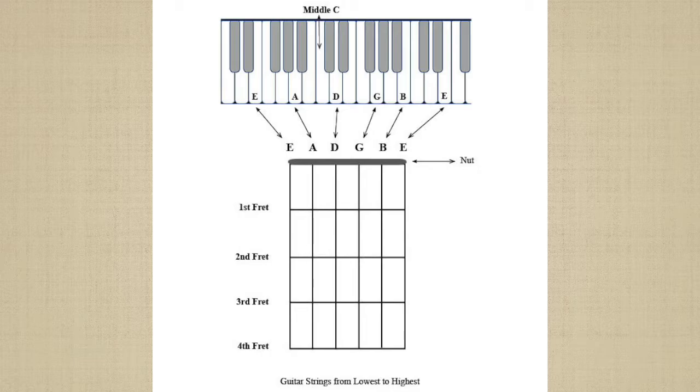So E, and the next string up would be A. The next string up would be D. And then the next one would be G. And then B. And then E. Okay, so every guitar will be tuned this way. Sometimes you may have some rare creative tuning, but as a whole, they're all this way.